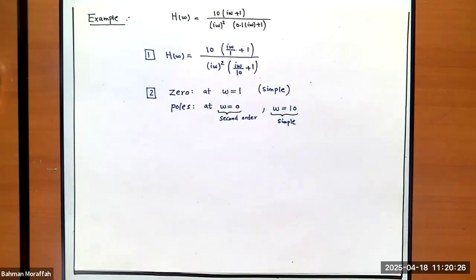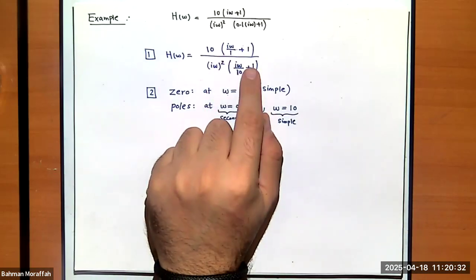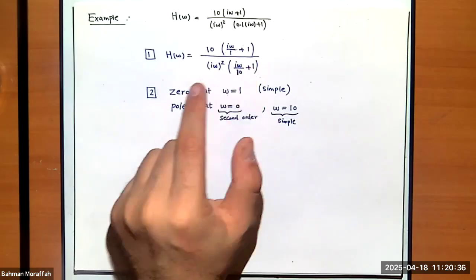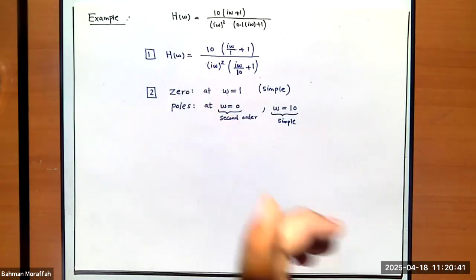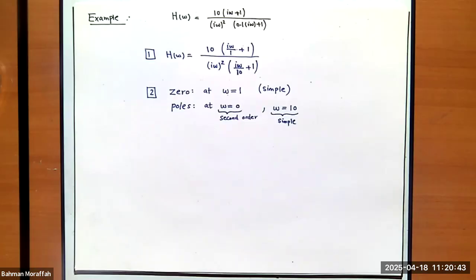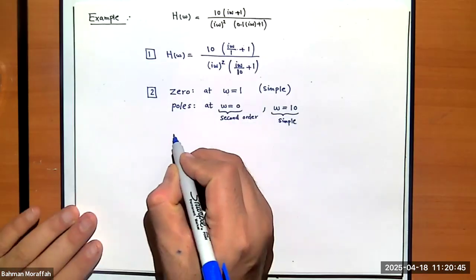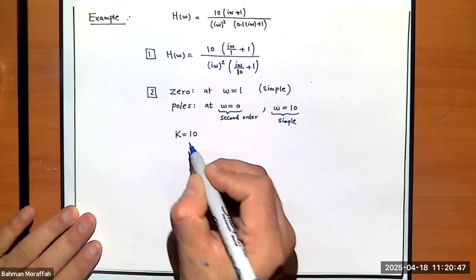Remember how we plot 20 times log 10 of the absolute value. Plotting 20 times log 10 for the single expression that we have over here, right? So we have to know the 20 times log 10 of this constant as well. So we might as well just compute it and get it out of the way. So I know my constant is 10.